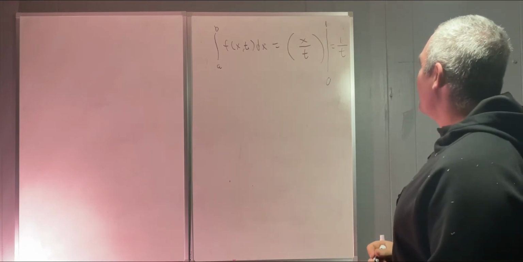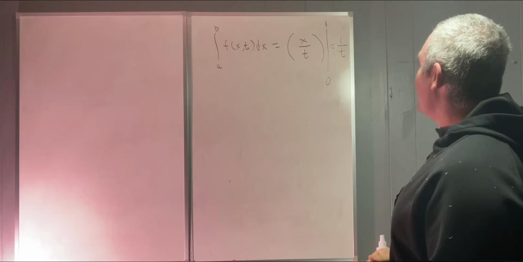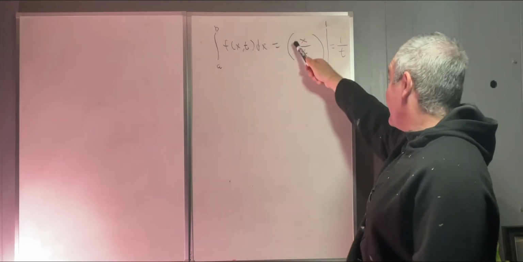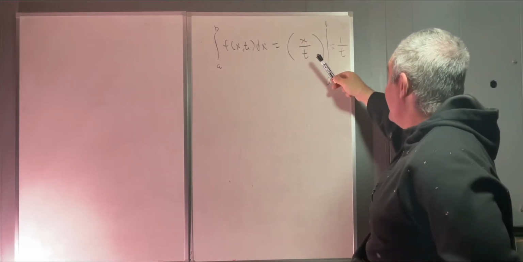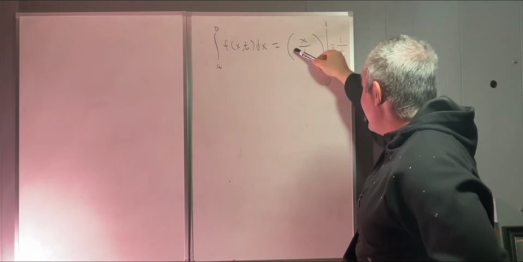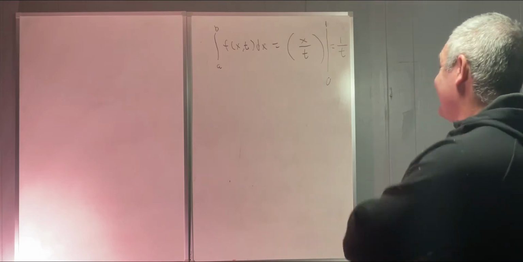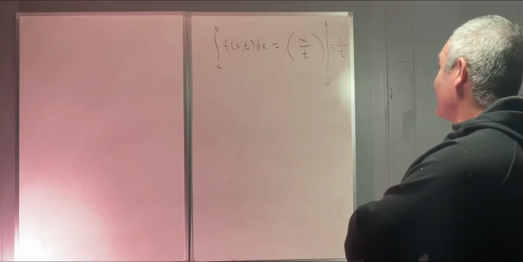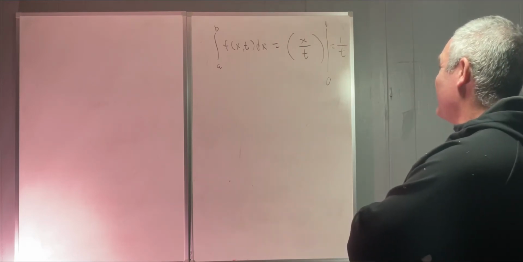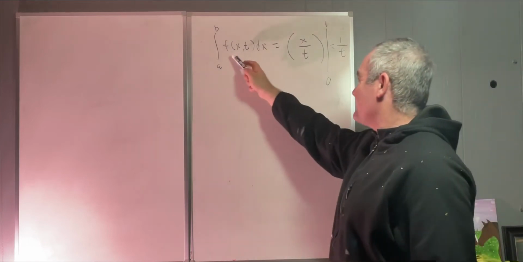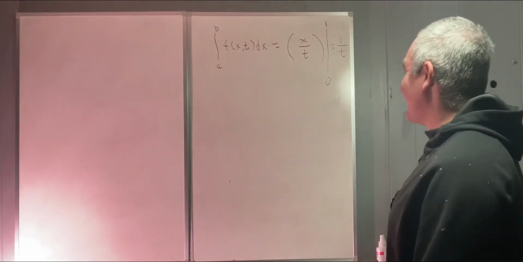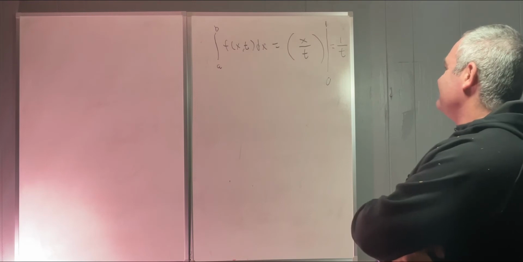Well, we could just differentiate this with respect to x and get a function purely in terms of t, but that's not good because this would just be f of t dx. We don't want that.